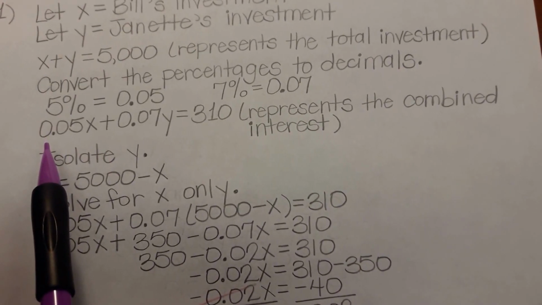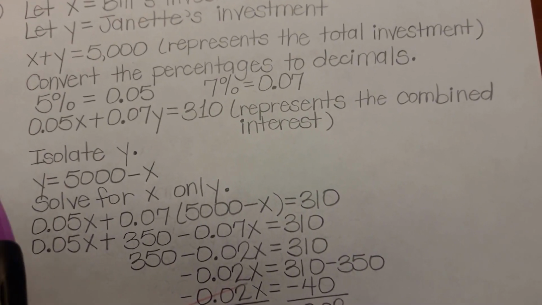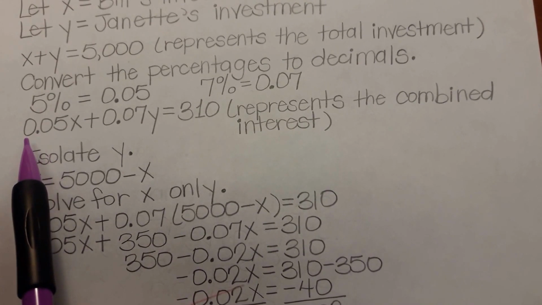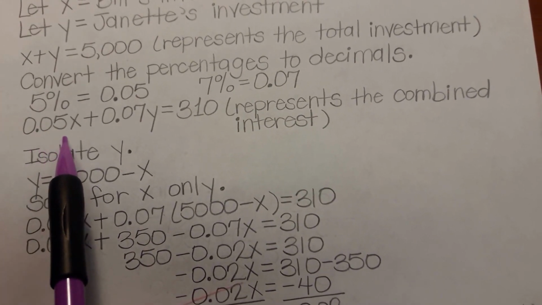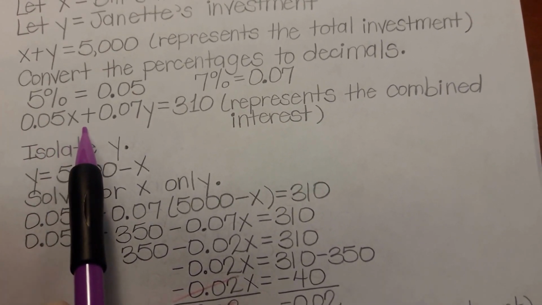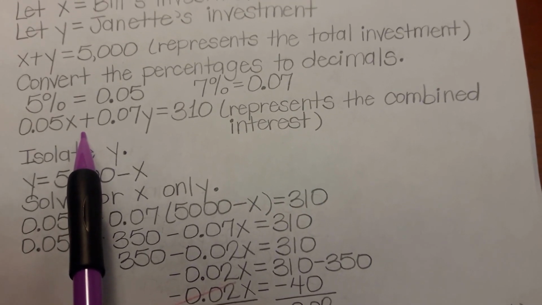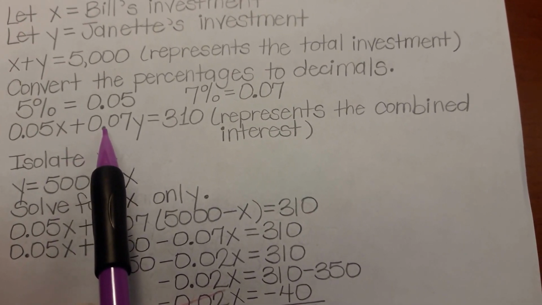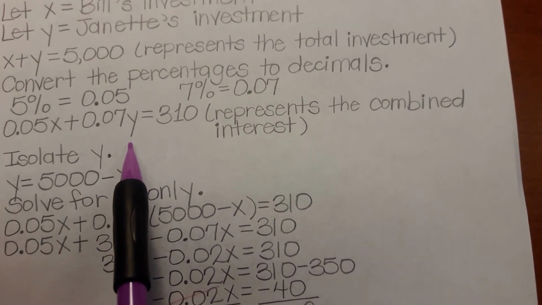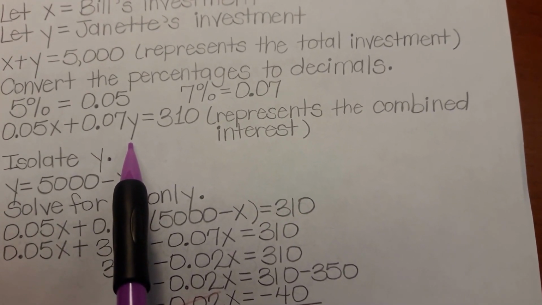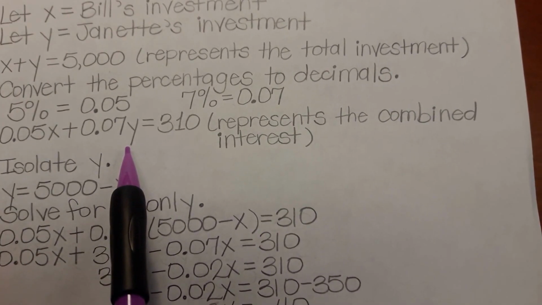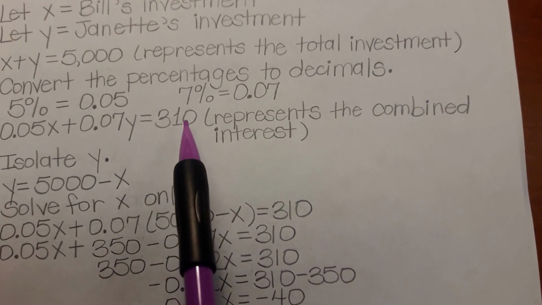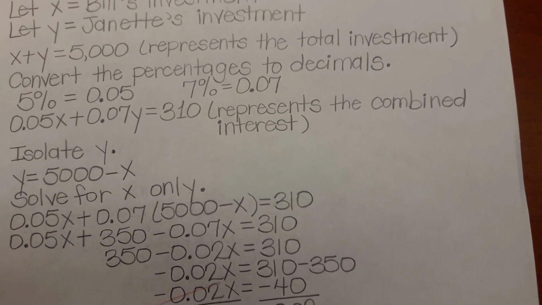It says in the reading that the combined interest is $310. So I take my interest of 5%, which is 0.05x, and that's the interest for Bill, plus 0.07y, which is going to represent my interest for Jeanette, and combined they equal $310.